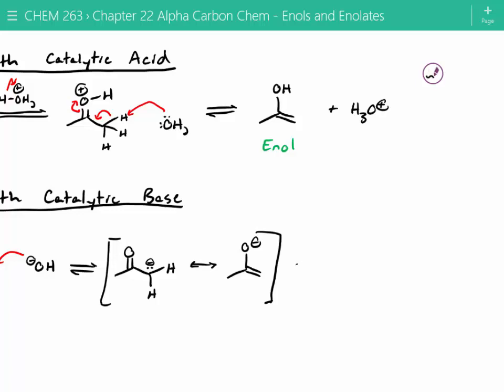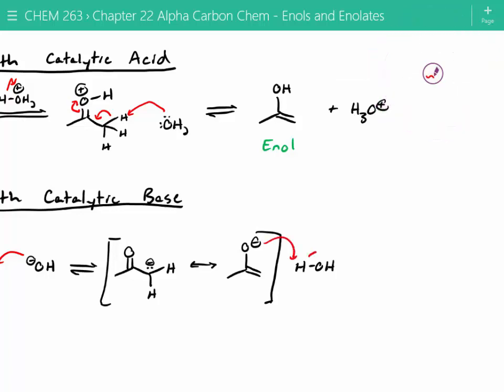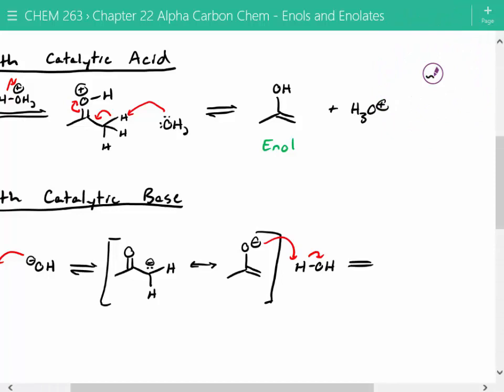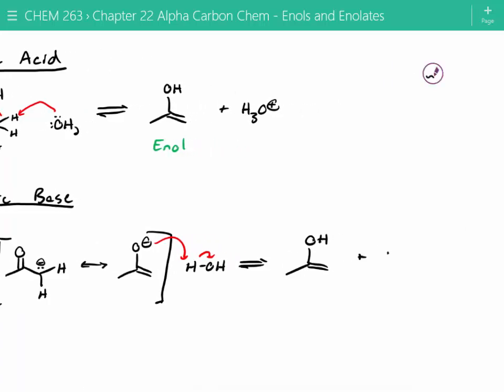Let me slide this over a bit. And we can just protonate this oxygen. And in both of these cases, we end up with our enol, and we recreated our base, making it catalytic again.